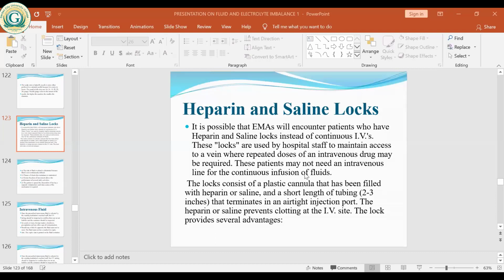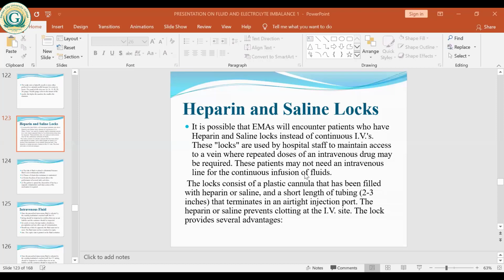This is what we normally do as an improvised lock. It can be saline, it can also be heparin. So here, we are describing the original lock.